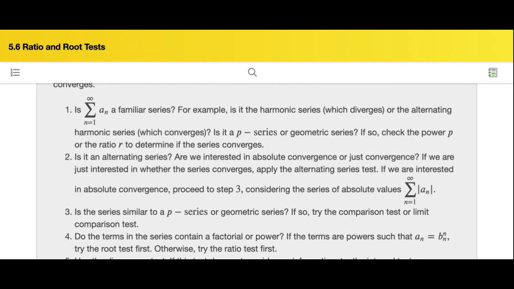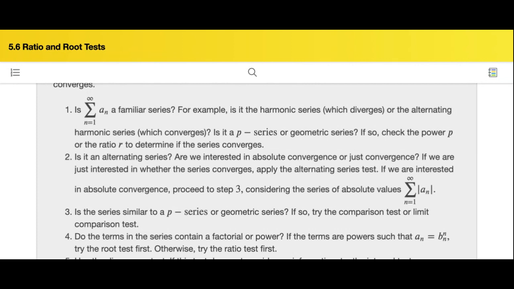Why? Because it's bigger than the harmonic series, and the smaller one diverges, so the bigger one must diverge.